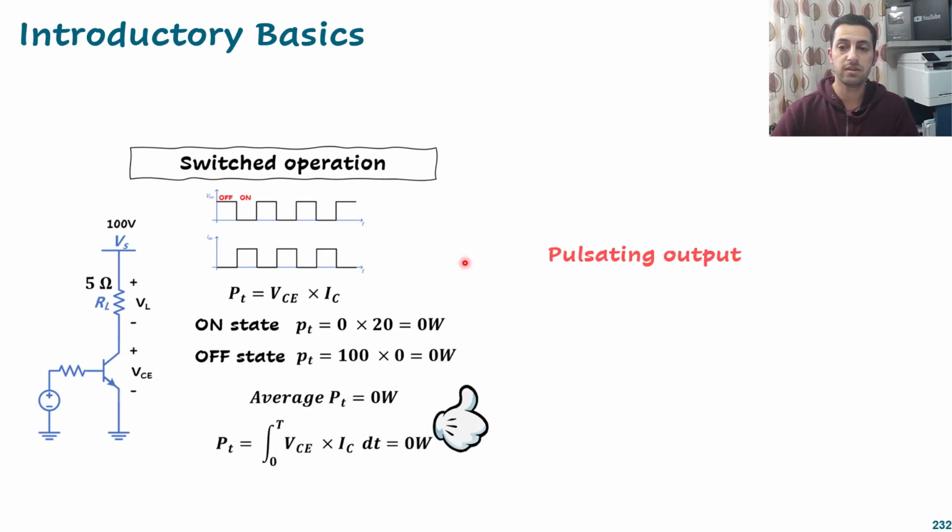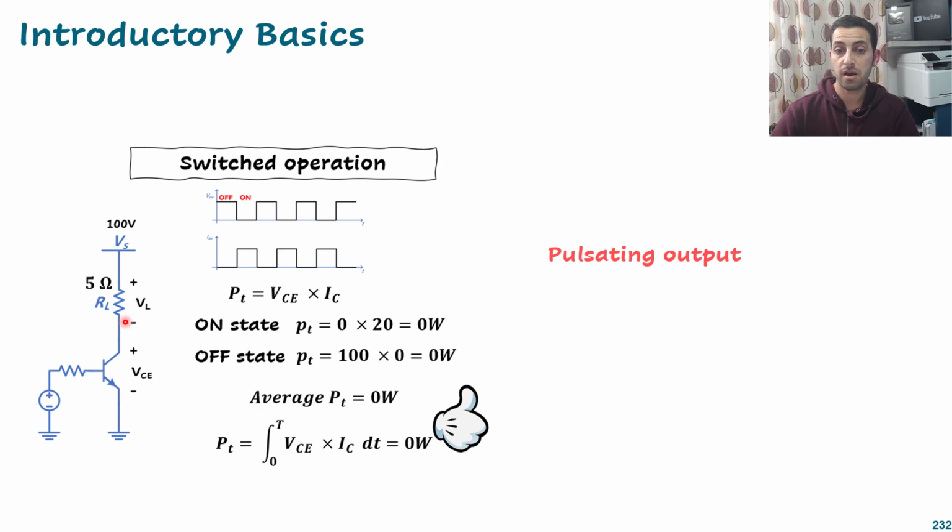However, in this circuit, for example, if we have a load here and a switch here and we are pulsating that switch to produce a different average voltage according to the duty cycle, the load is still seeing a different average voltage, and that achieves the objective of generating different voltages across the load.